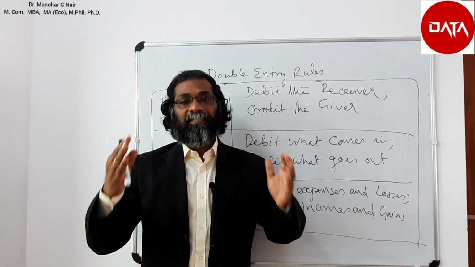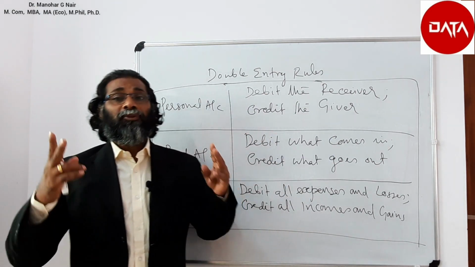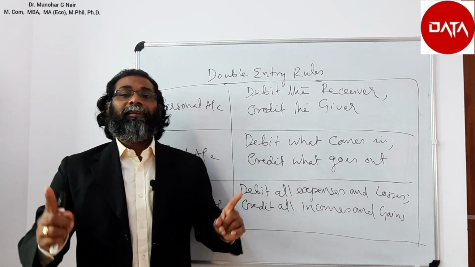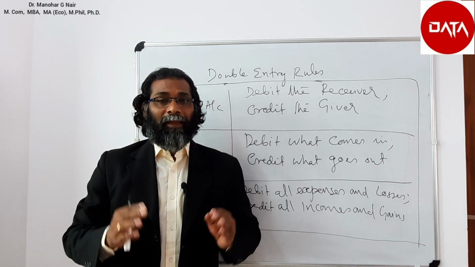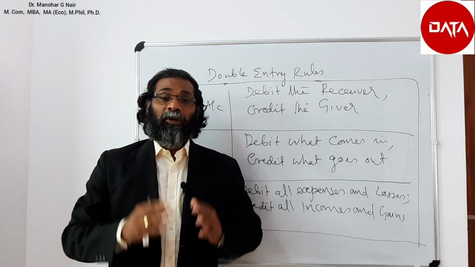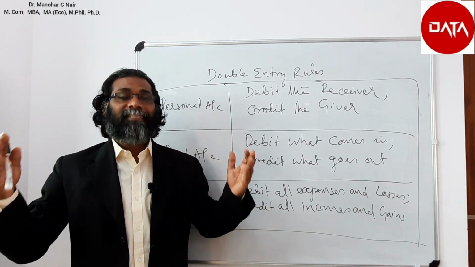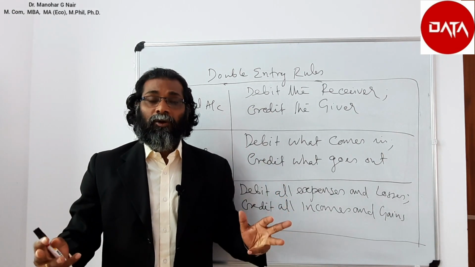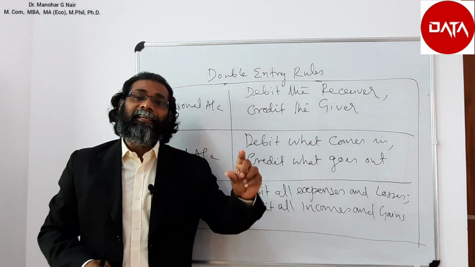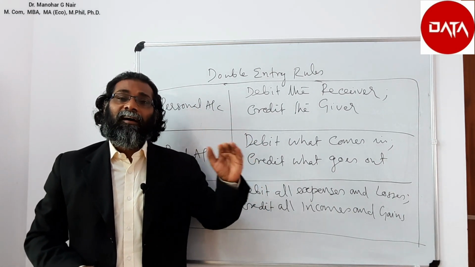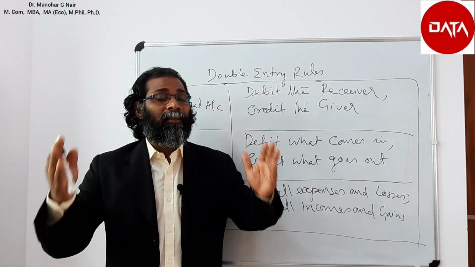Double entry stands for two entries, which means there are two aspects, that is the debit aspect and the credit aspect. For dealing with each type of account, there are certain rules adopted according to the double entry system.